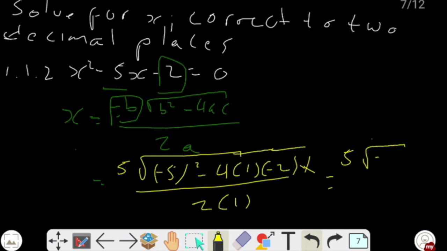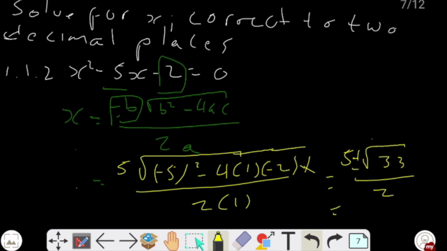So it's 5 plus or minus the root of 33 all over 2 times 1, which is 2.